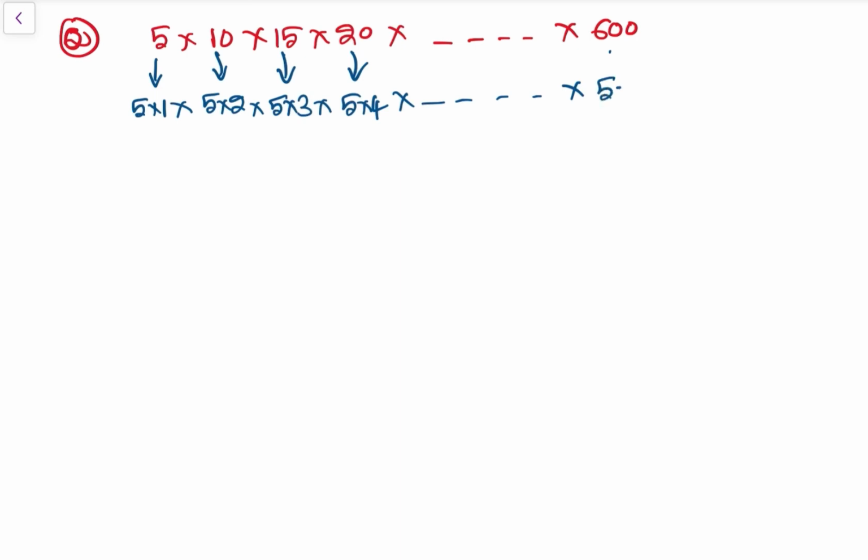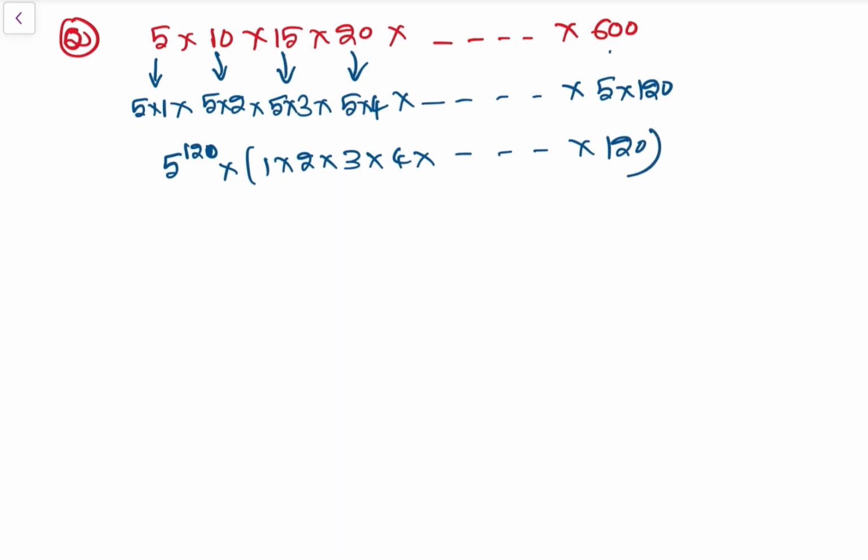So that is 5 into 120. So now look, 5 to the power 120 into 1 into 2 into 3 into 4 into so on up to 120. So this becomes the expression.